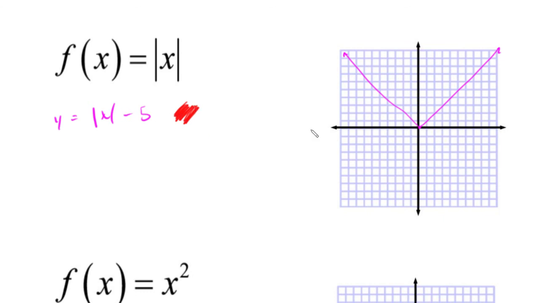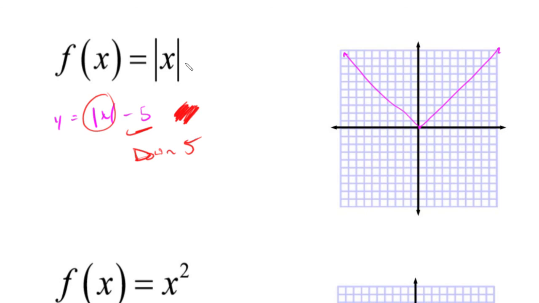It's exactly this function moved down 5, and I can realize that by looking at the function. So I didn't plug in a table of values. I'm just using the knowledge that I've just now acquired.